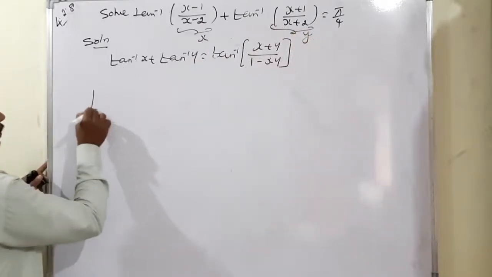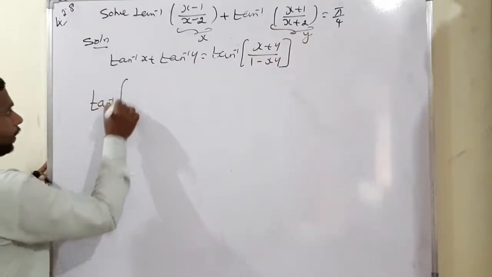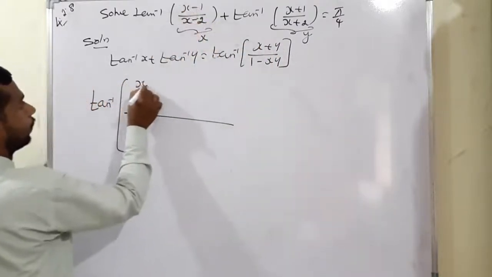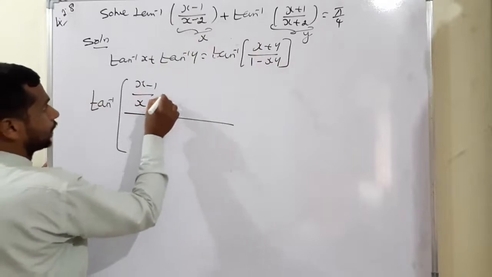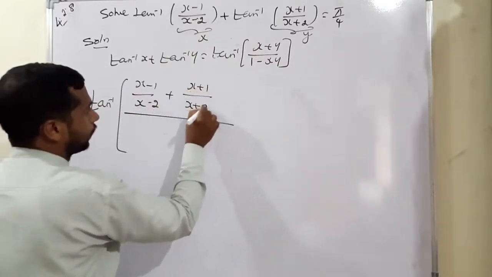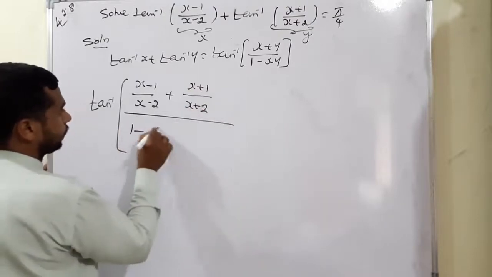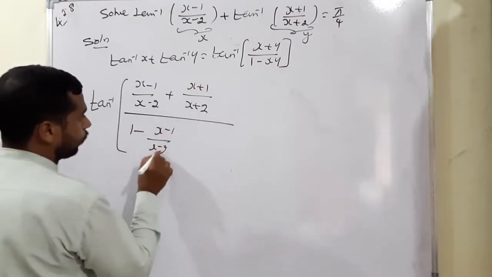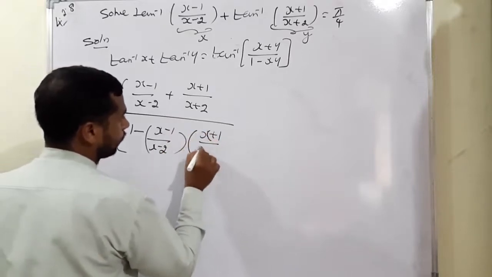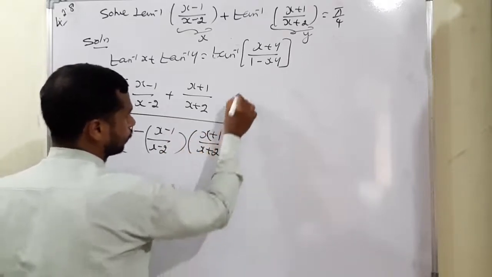Now, tan inverse of x plus y: x plus y is (x minus 1) over (x minus 2) plus (x plus 1) over (x plus 2), and 1 minus xy is 1 minus (x minus 1) over (x minus 2) times (x plus 1) over (x plus 2).